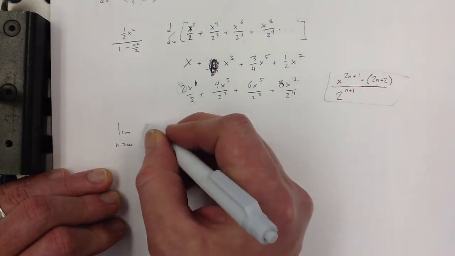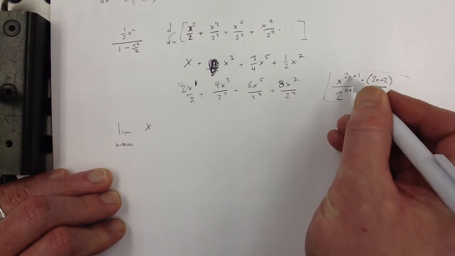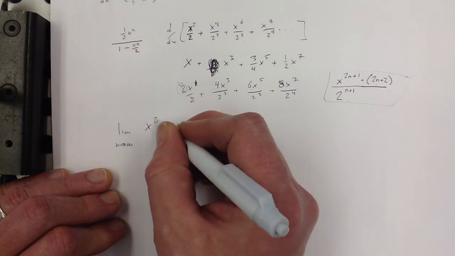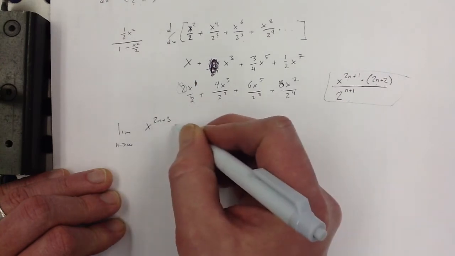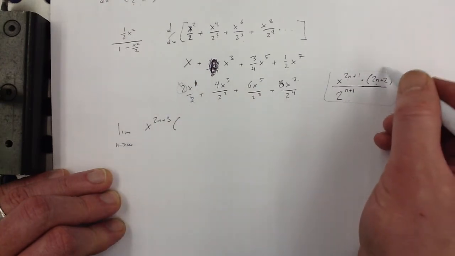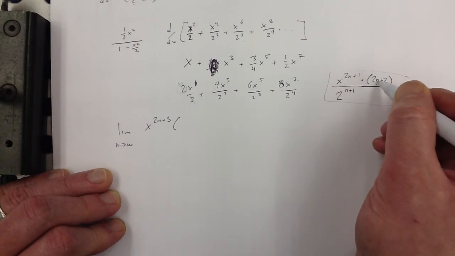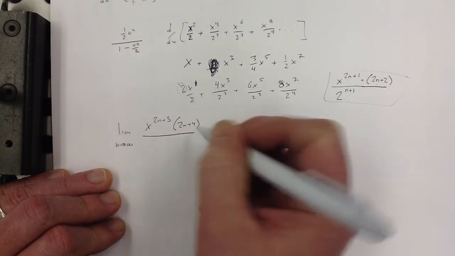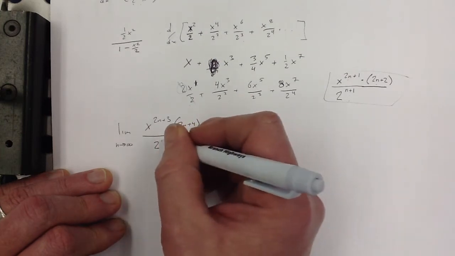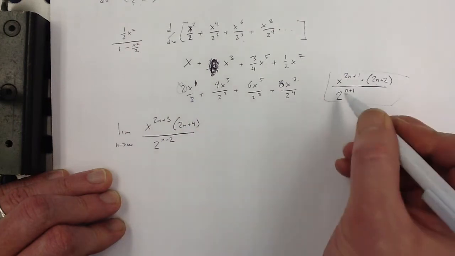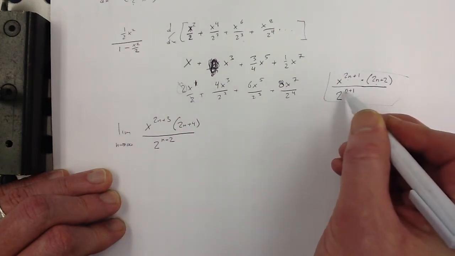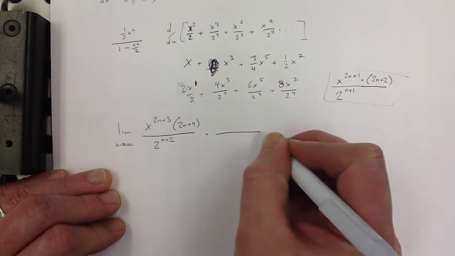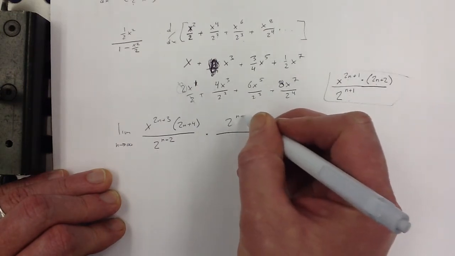So let's see, that's x to the, when you plug n plus 1 in here, you're doubling the n and the 1, so that's 2n plus 3, times, when you plug in n plus 1 here, again you're doubling the n and you're doubling the 1, so it's going to be 2n plus 4 over 2 to the n plus 2, right? When you make this n plus 1, it's not getting multiplied by anything, so just get one extra one there. Times this upside down.